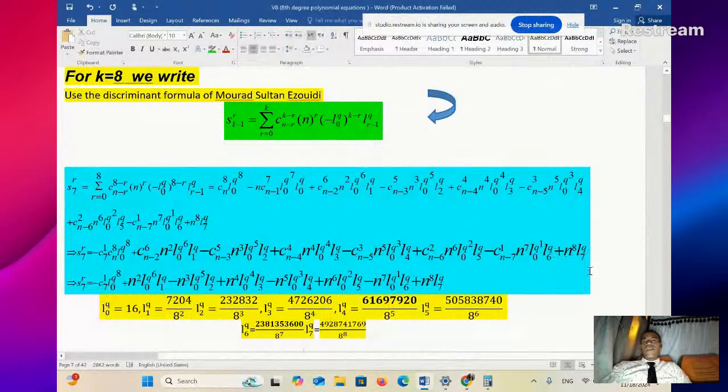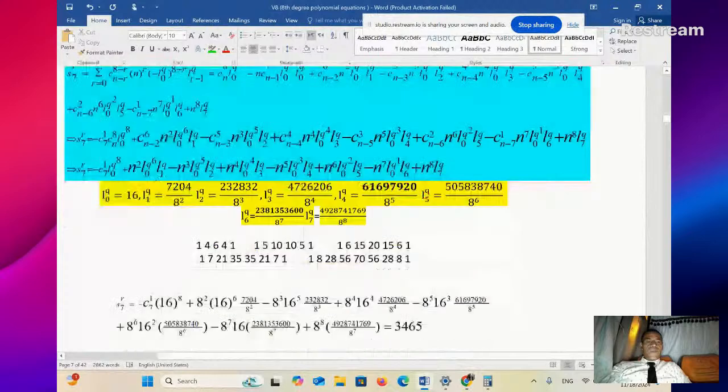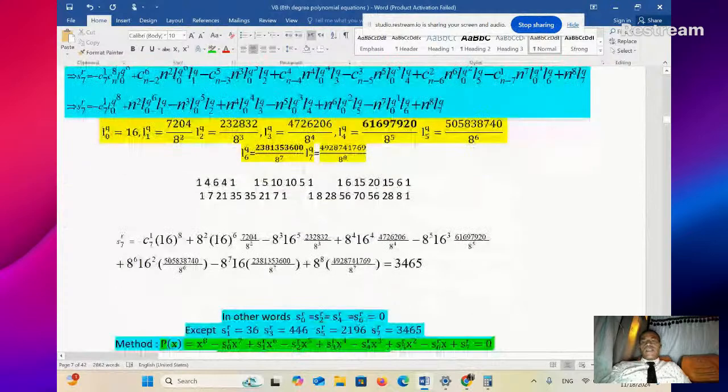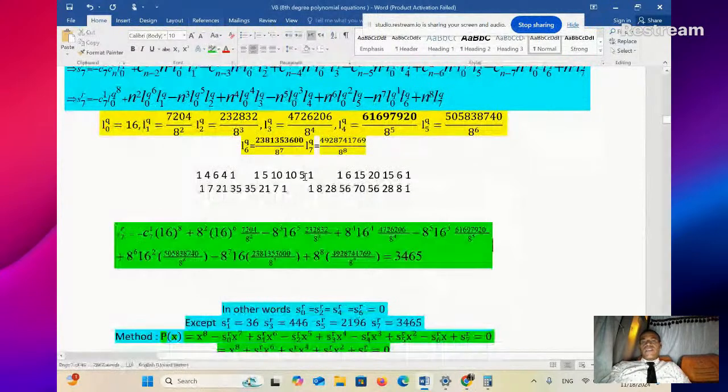Therefore, I'm going to apply this, after simplifying or deriving the eighth discrete formula of this operator that we took from the beginning. So learners, S7, the last coefficient, has to be equal to exactly 3,468.